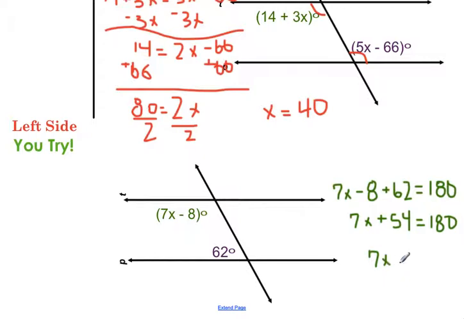I'm left with 7x equals 134. Let's try 136. How's that sound? Whoops. Okay. Divide both sides by 7. Ooh, does that come out nice?